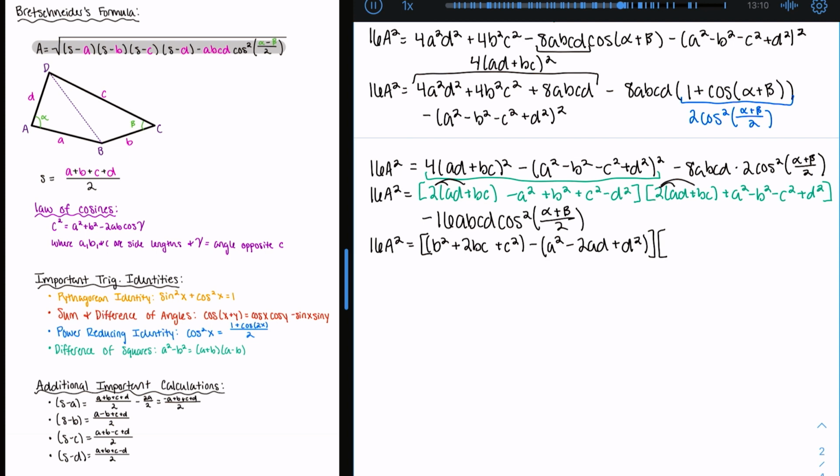And I get A squared plus 2AD plus D squared minus B squared minus 2BC plus C squared on this side. And I'm still going to carry down this last piece.